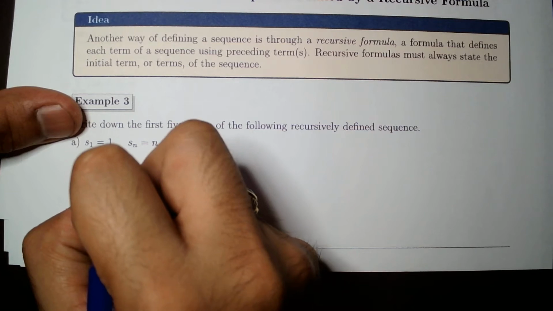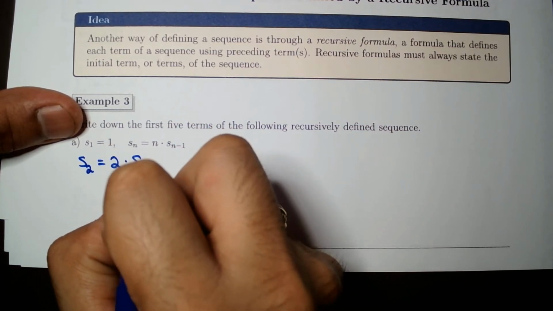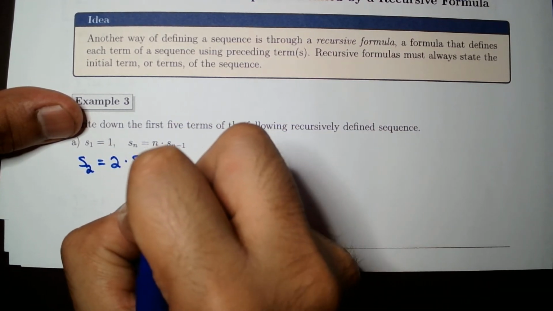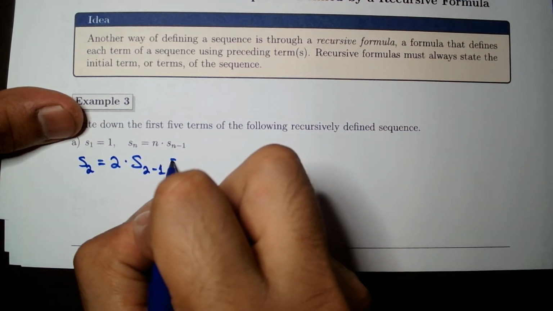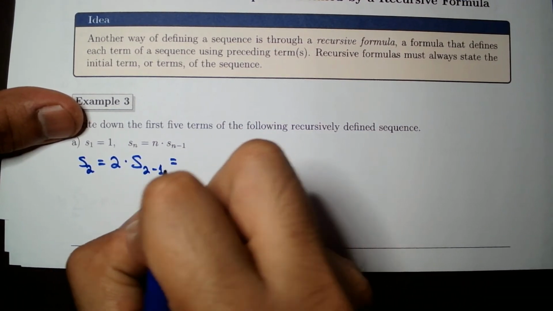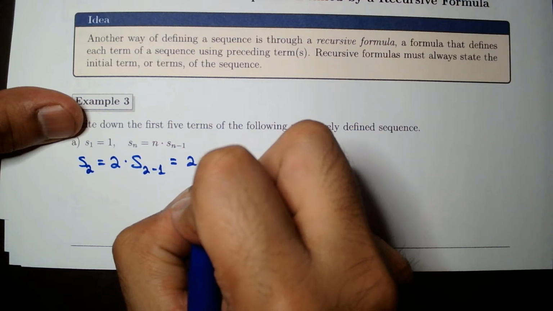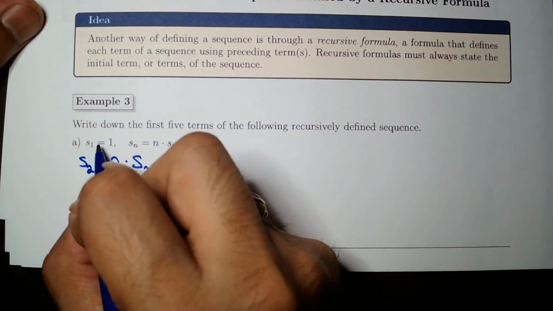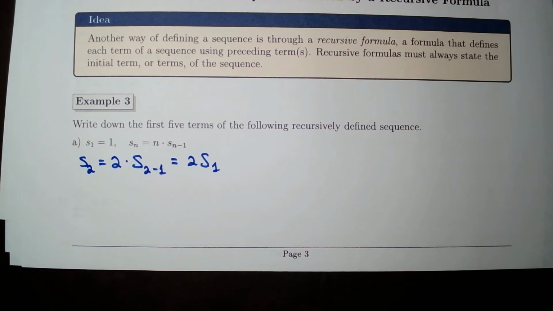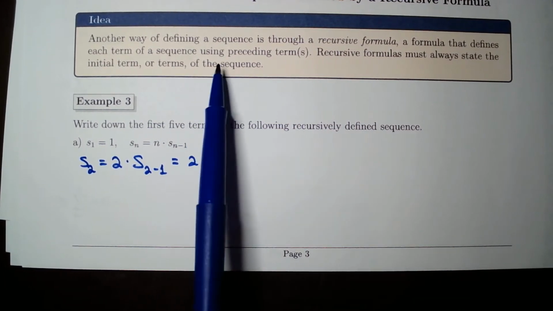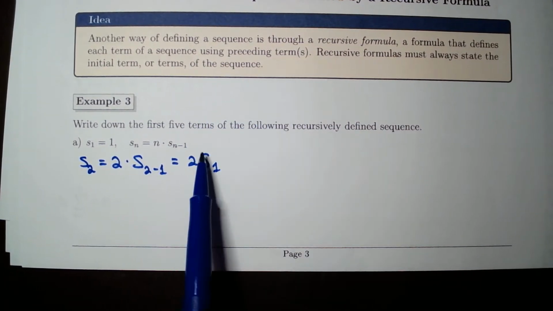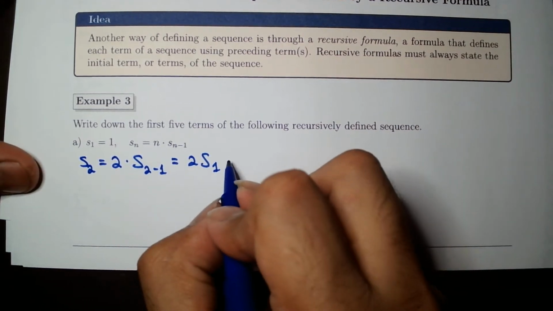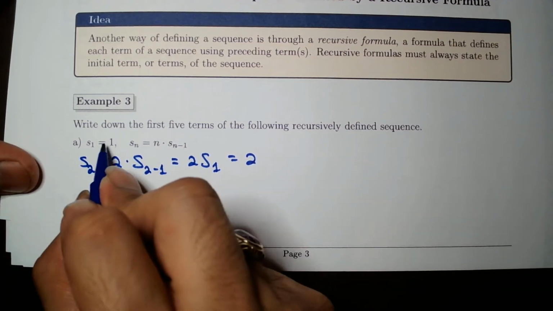So this is 2 times S subscript 2 minus 1. That's a subscript. And in this case, 2 minus 1, that's 2 times S1. But we know what S1 is. It's given previously. So that's what we mean by using preceding terms. We use a preceding term to find the next term. So in this case, what is S1? So S1 is 1.